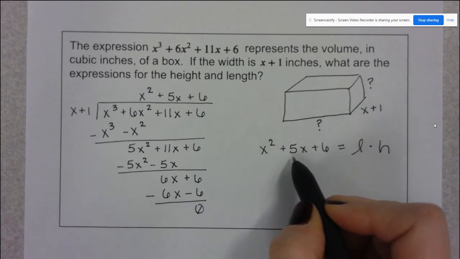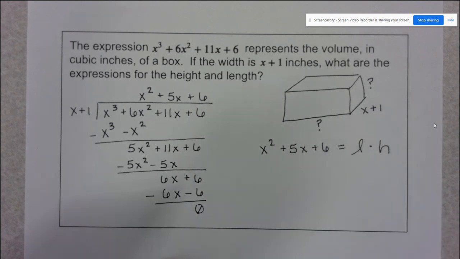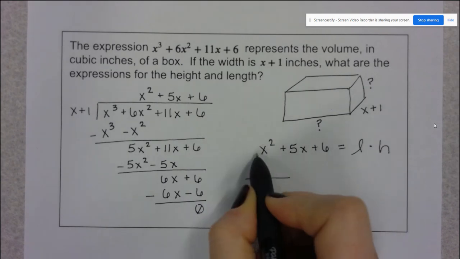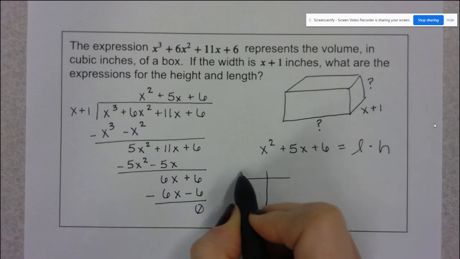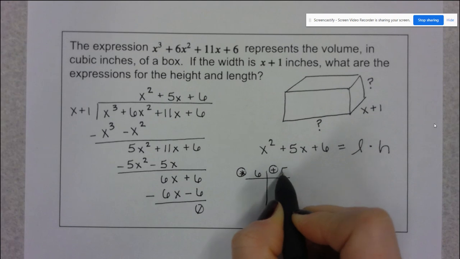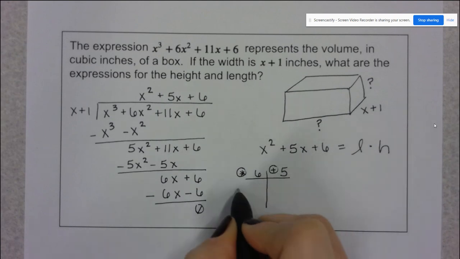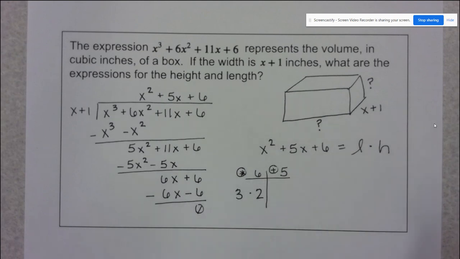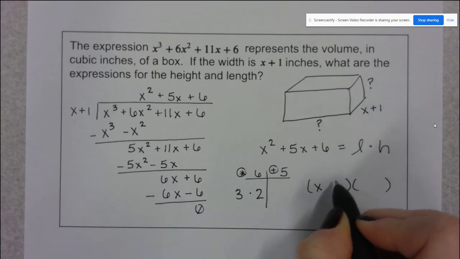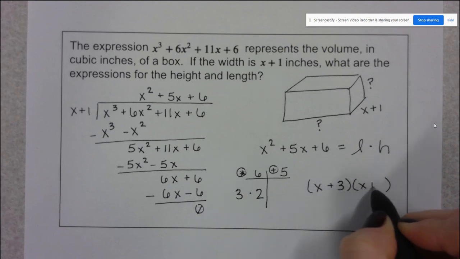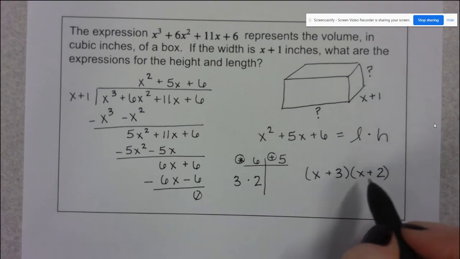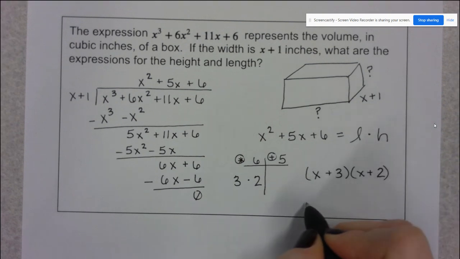So if you think back to how we did our box method, since my coefficient of A is 1, I'm looking at multiplying to get 6 and adding to get 5. Well, the only way that that's going to work is 3 times 2. So that tells me one of my factors is going to be x plus 3, and the other is going to be x plus 2. So these two expressions here are the length and the height.